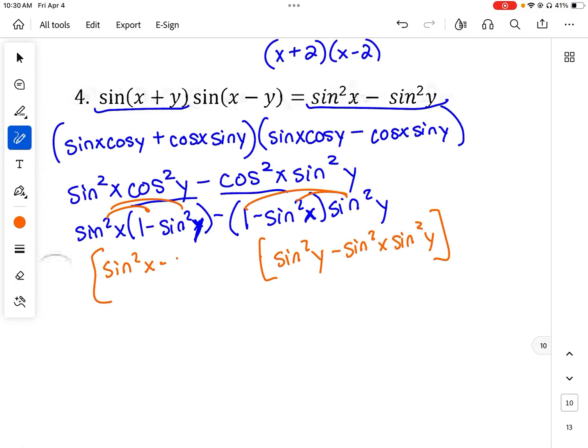I forgot something right here. It should have been minus sine squared x sine squared y. And there's a minus between them. Okay, so then get rid of parentheses and distribute this negative.